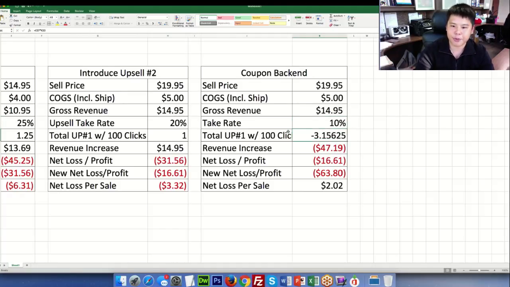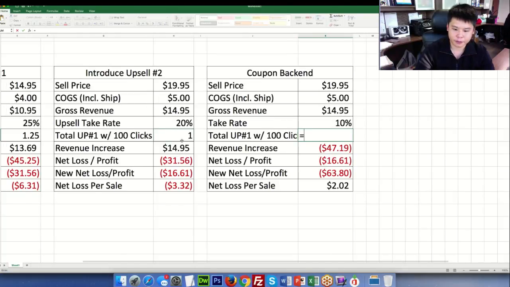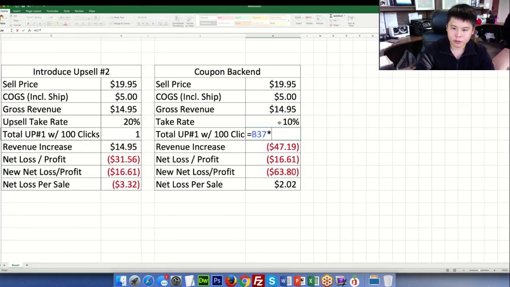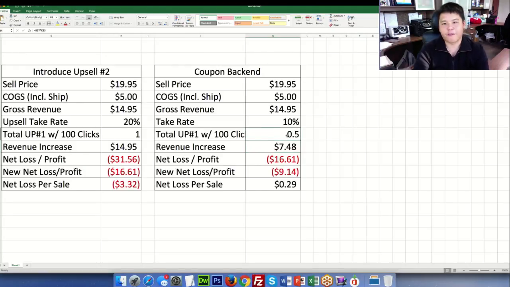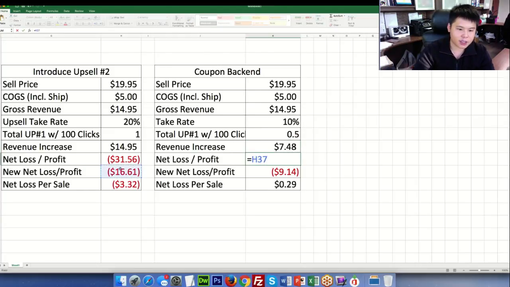So let's say this is 10%. That means that for all these 5 customers, there's going to be 0.5, because we only have 5 sales, so it's going to be 10%. It's $7.48. So your previous net loss is $16.61.